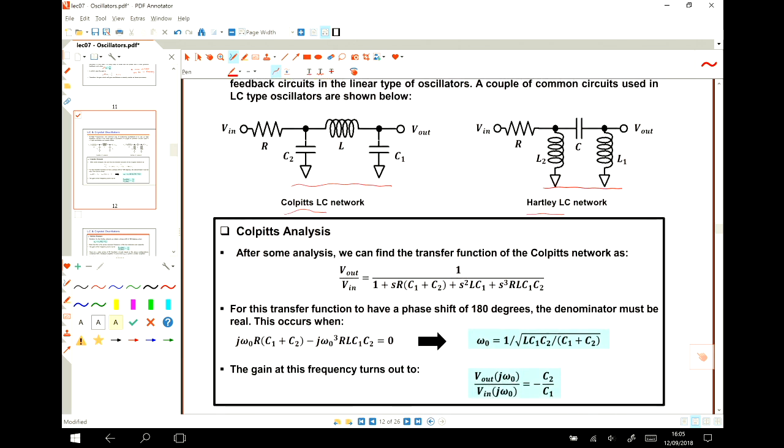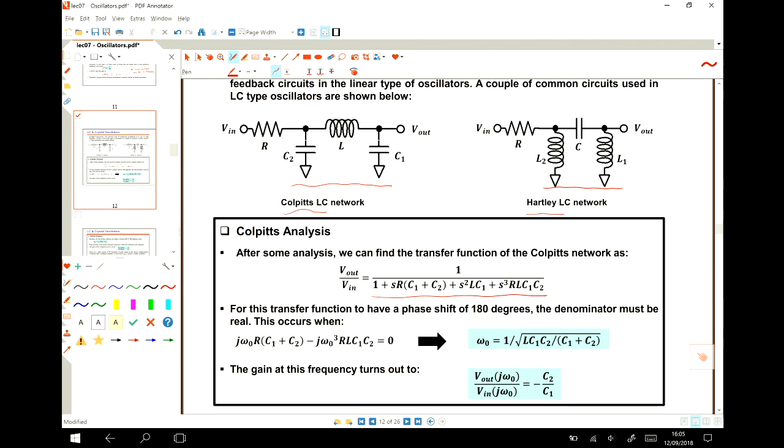So if we write down the equation, for example, the transfer function for the Colpitts network, V out over V in, you can find from this. It's easy to find.